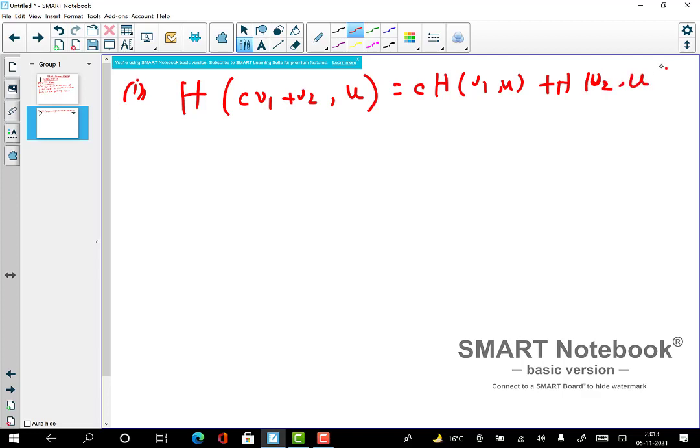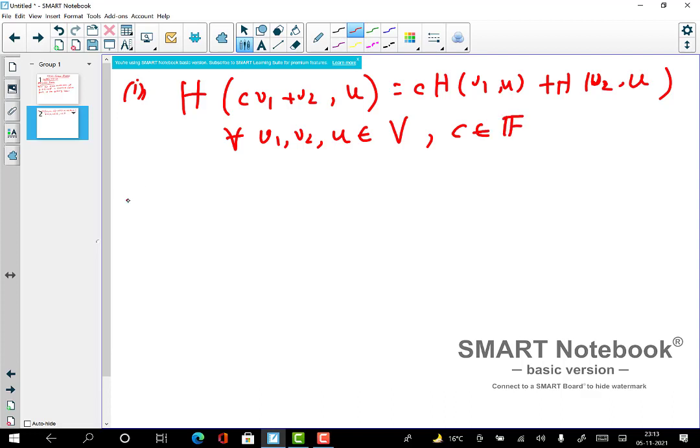This means linear in the first argument, and it has to be true for all v1, v2, u belonging to the vector space V and the constant c belonging to the scalar field F.